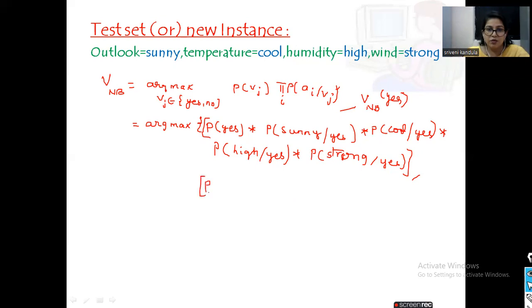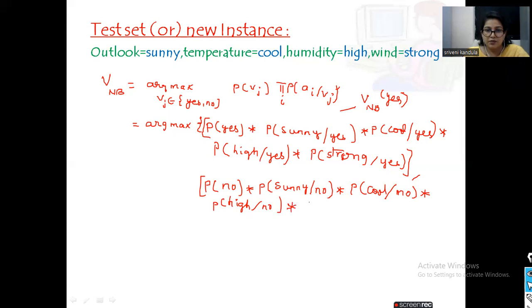So that is probability of playTennis equals to no multiplied with P of sunny in case of no, the conditional probability of cool in case of no, and then P of high in case of no, multiplied with P of strong in case of no.